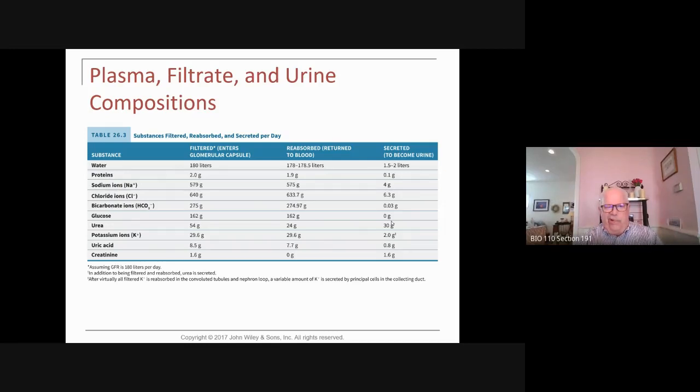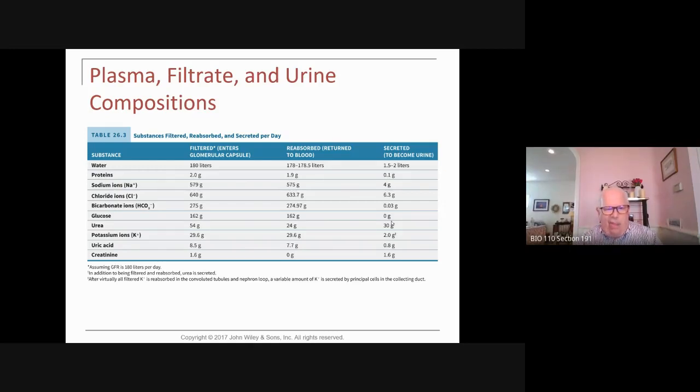Okay? 3 of them, or well, 2 of them, actually, that's not really correct. Only 1 of them you don't need, and the one you don't need is urea. You never need urea. Okay? But you need potassium, you need uric acid, and you need creatinine.